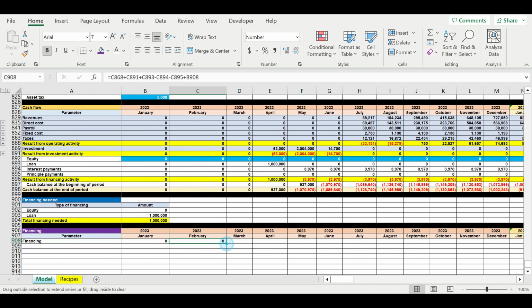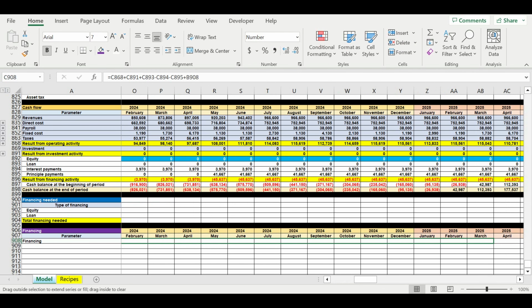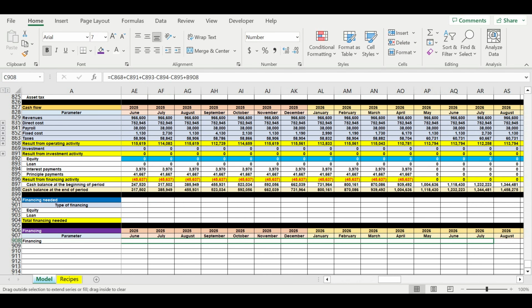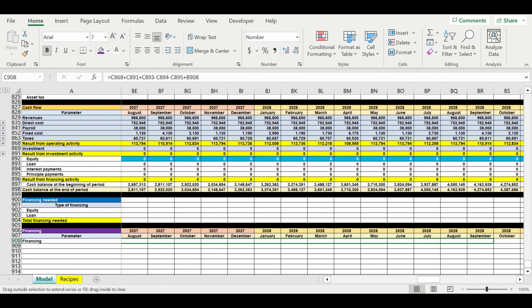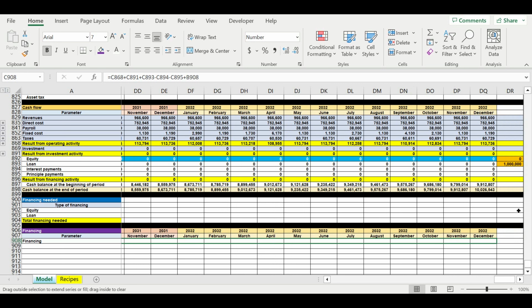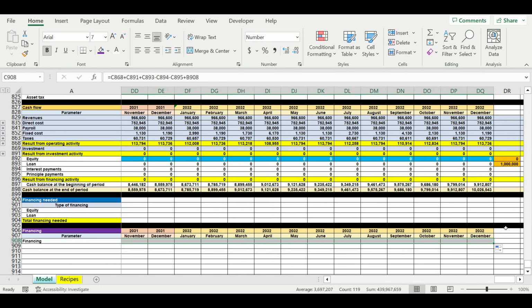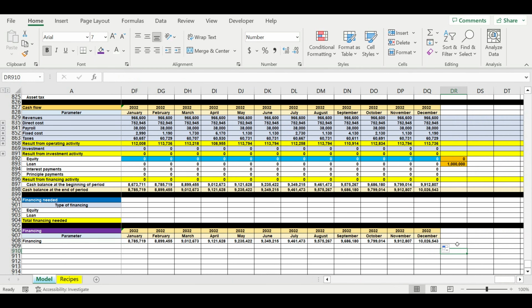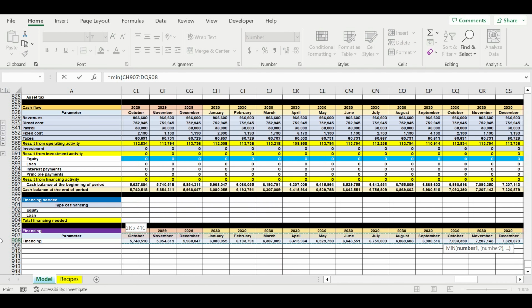Now I'm extrapolating. So what I need to do now is find the minimum value inside this timeline.